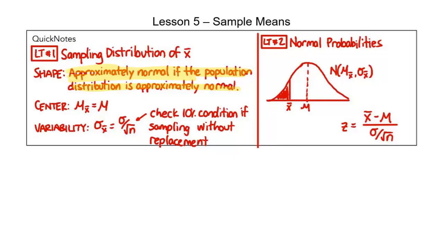Make sure you check your 10% condition if you are sampling without replacement. You do the population standard deviation divided by the square root of your sample size. In case you need to calculate a z-score, it'd be your sample mean minus the true mean divided by the standard deviation of your sample.